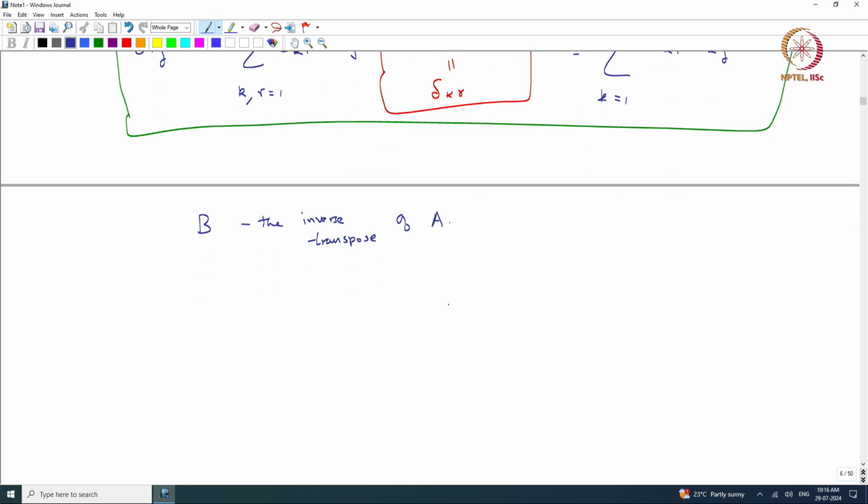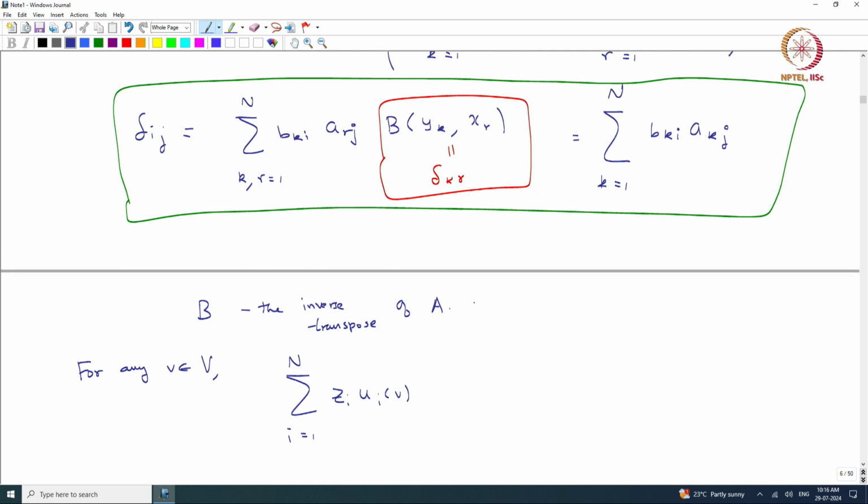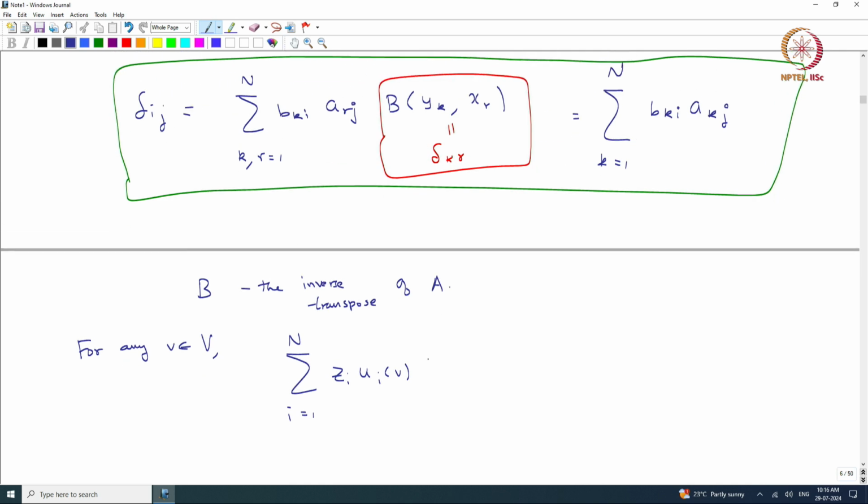So, if we use this and calculate for any v in capital V, we can see that the summation zi ui of v, where i ranges from 1 to n, is going to be exactly equal to the summation.